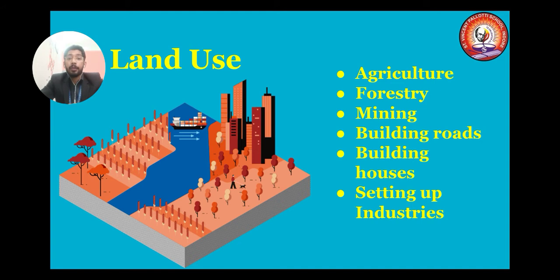The land can be used for agriculture, for growing crops for our daily consumption; forestry, which develops the natural habitat for humans, animals and plants; mining, which improves our resources; building roads, which makes movement from one place to another very easy and simple; building houses, which gives us shelter from natural calamities and other threats; setting up industries, which improves the development of the land.